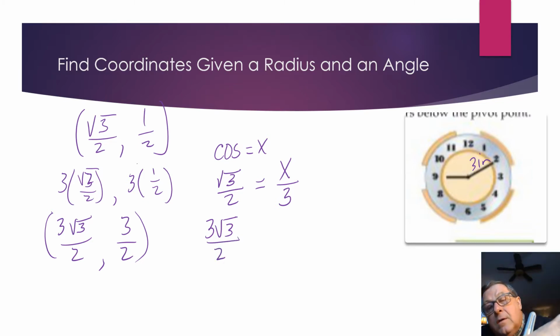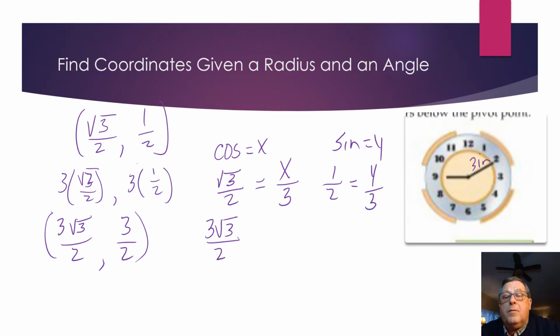What about the sine? Well, the sine's equal to y, the y coordinate, and so I'd have 1 over 2 equals y over this radius, which is not 1 but 3, and y equals 3/2.